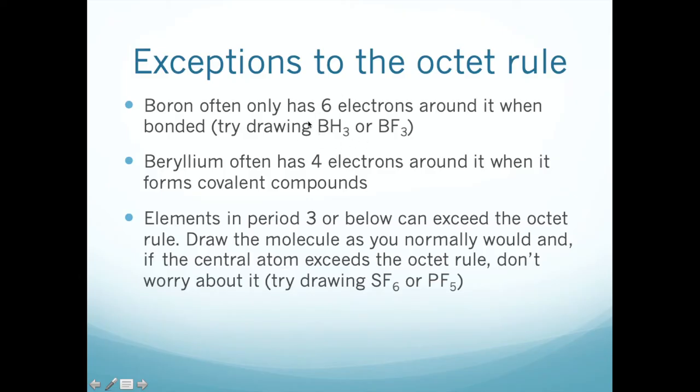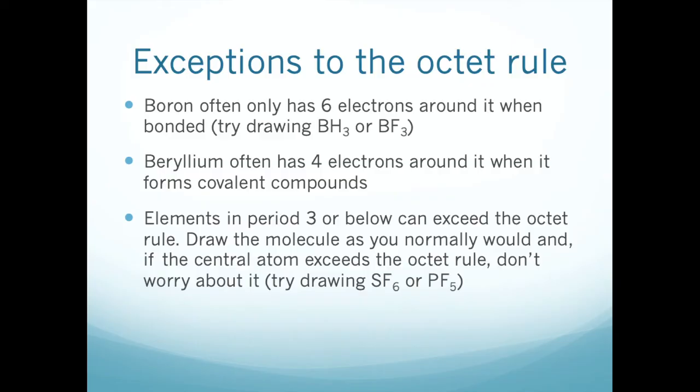By the way, if you try drawing BH3, and I'll show it on the next slide, and you count the electrons around the boron, that's where you'll see it only has 6 electrons. Beryllium is another example where you might see this. Beryllium's a metal, technically, so when we talk about covalent molecules or Lewis structures involving beryllium, take it with a pinch of salt.